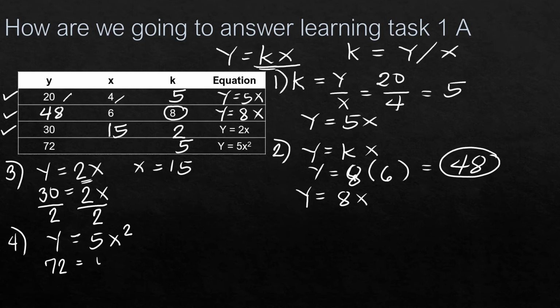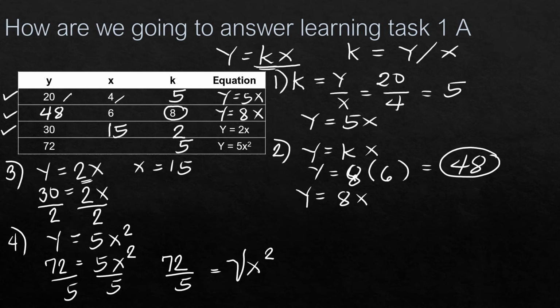So, simply divide both sides by 5. That is 72 over 5. Dahil naka-x squared pa siya, kukuhanin natin ang square root. So, the value of x here is square root of 72 over 5.